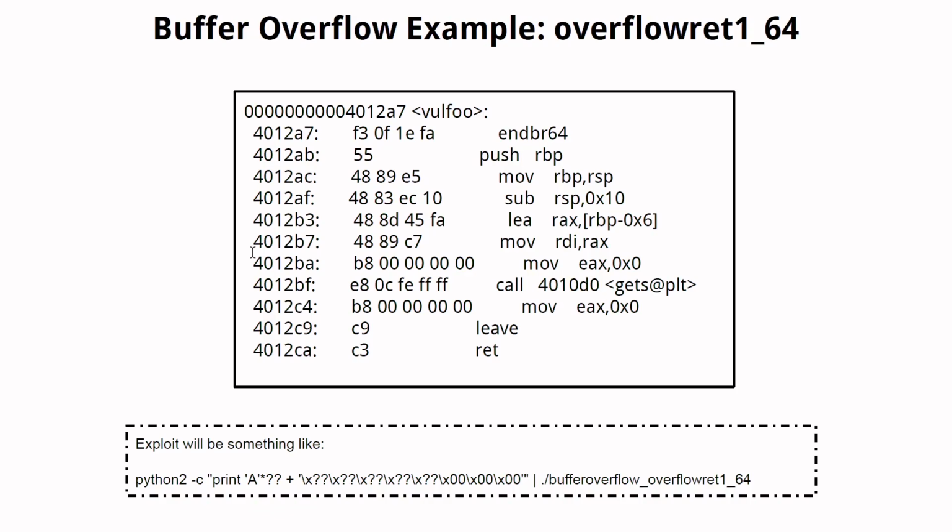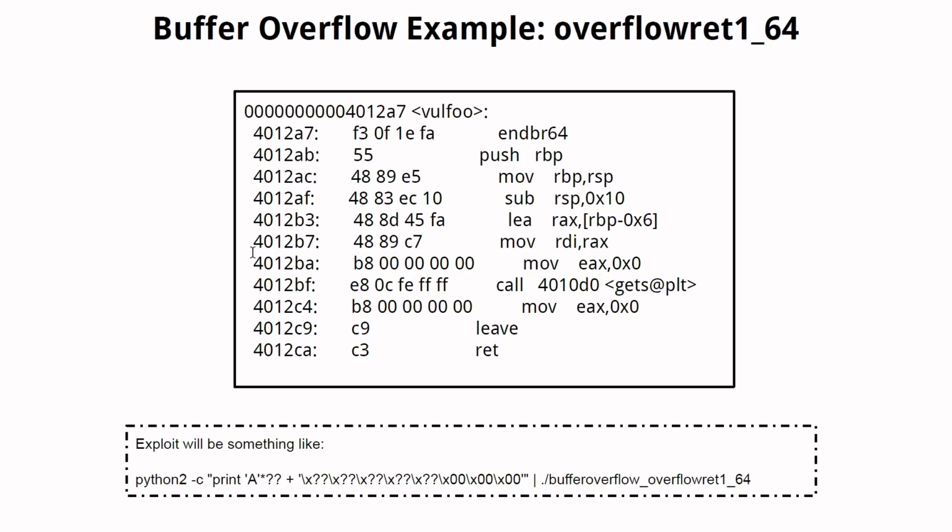So here we are actually setting up the parameter for the gets function, the 64-bit version. And we're not pushing to the stack anymore. We're actually using RDI. So as you can see here, in this version, the buffer is at RBP minus 6. The previous version was EBP minus E, okay?